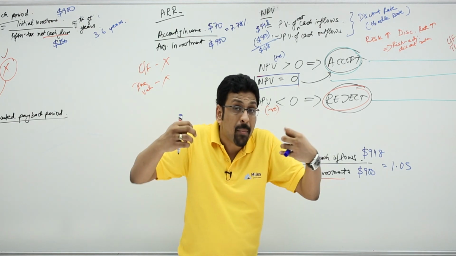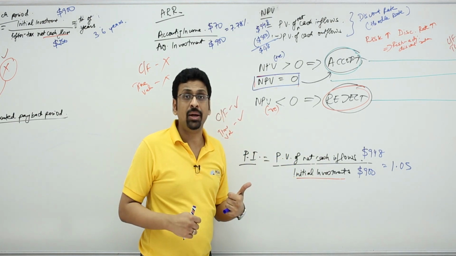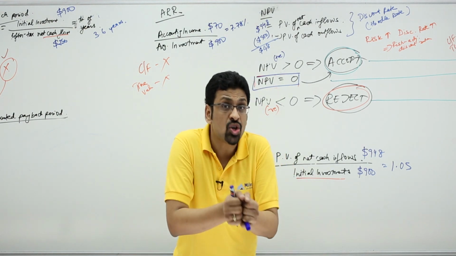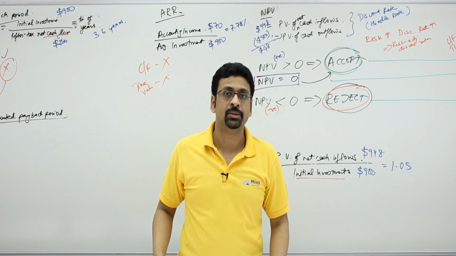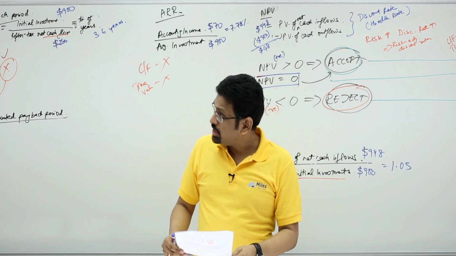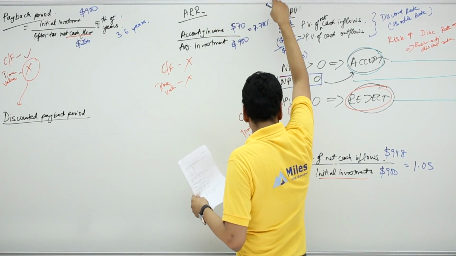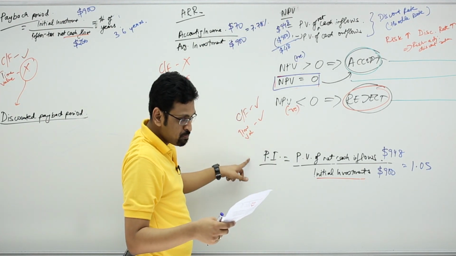But if we had multiple investment opportunities, then we would have looked at profitability index to compare, to prioritize which opportunity, which alternative should we go for first and which would be later priorities. Now, so we're done with payback period, we've done accounting rate of return, net present value, we've done profitability index, that's an extension of net present value.